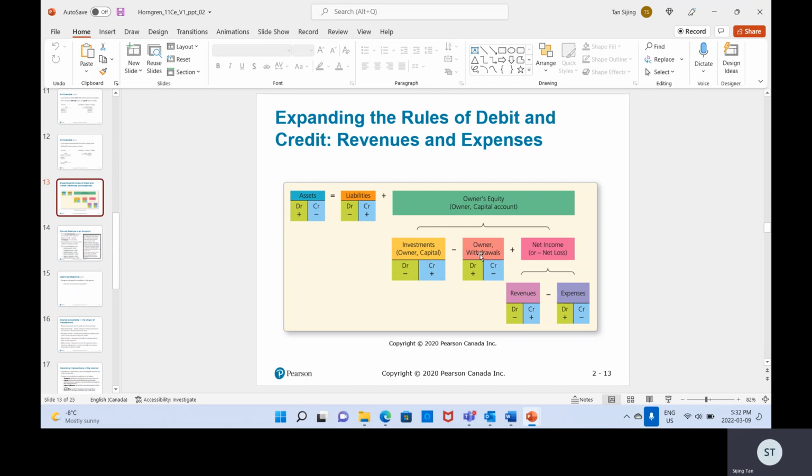Owner withdrawal: if withdrawal increases, we go to the debit side; if it decreases, the credit side. So this is a normal way of thinking, right? But for revenue, if it increases, go credit side. If it decreases, go debit side. Expenses, vice versa. So this is the rule. When you memorize these rules, it's easier for you to do the journal entry.